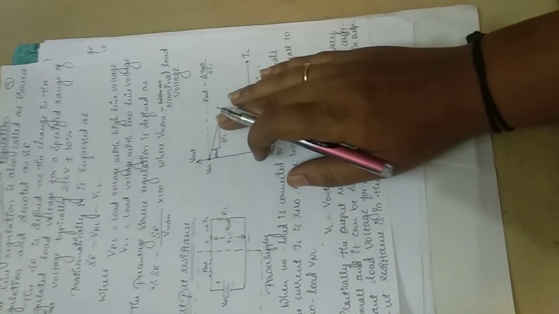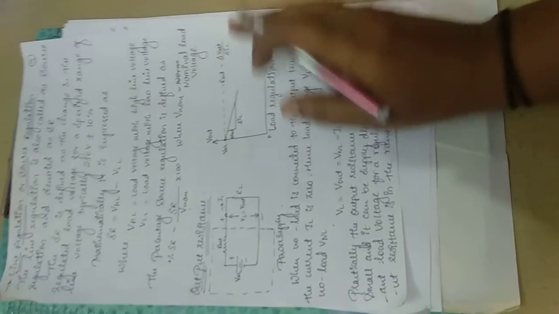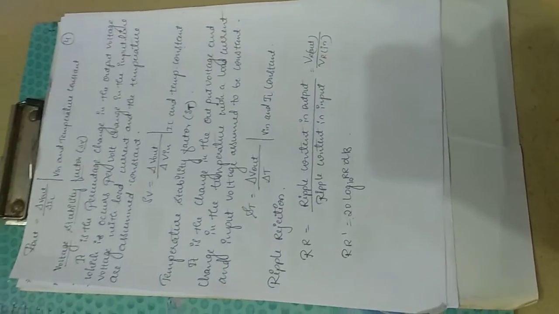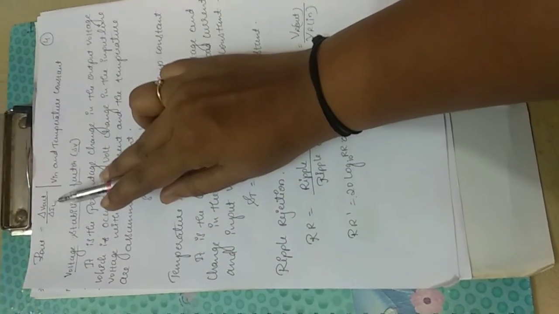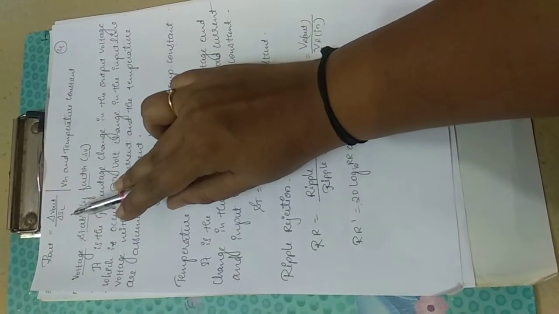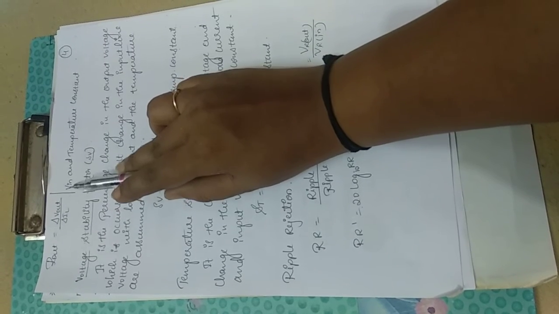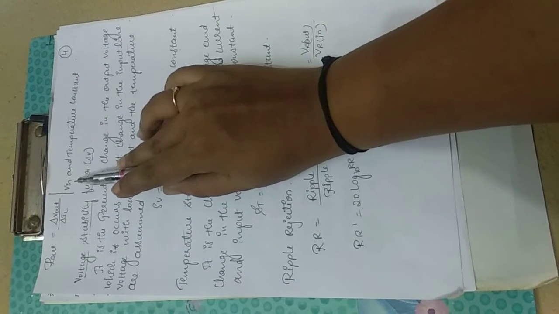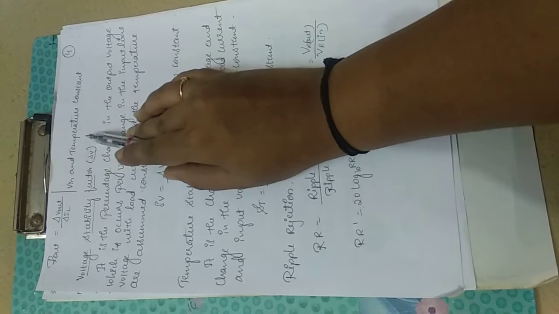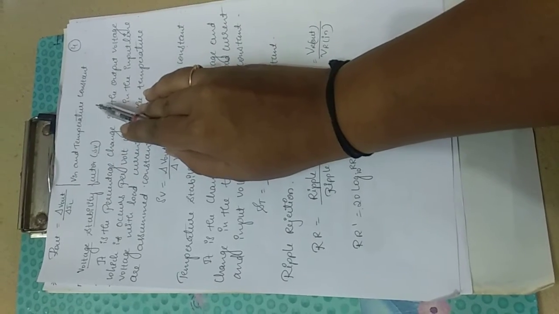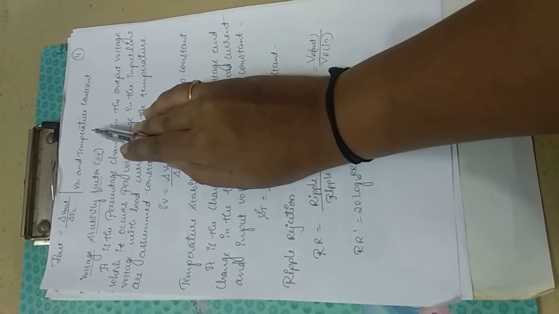As the load increases, the load voltage decreases. Then the output resistance Rout equals the change in Vout divided by the change in the load current, assuming the input voltage and temperature are constant. So this is the output resistance.